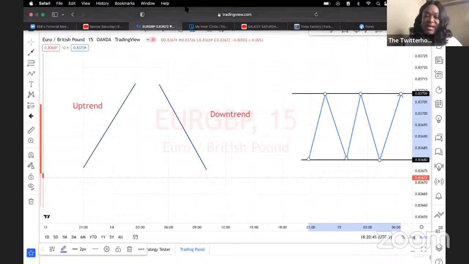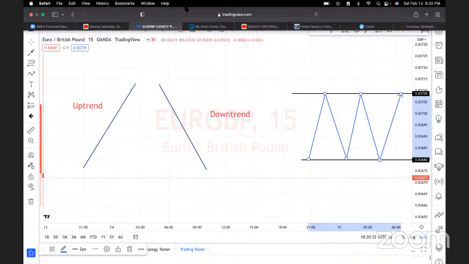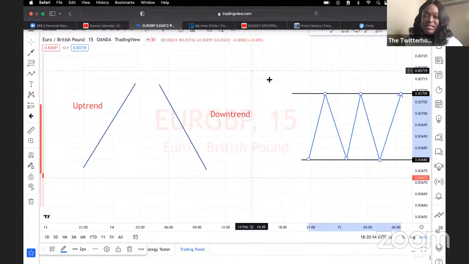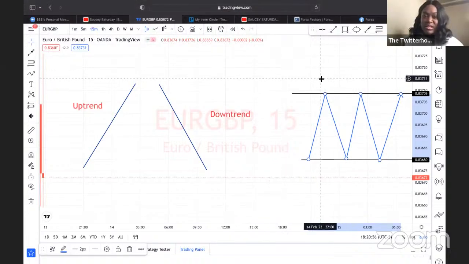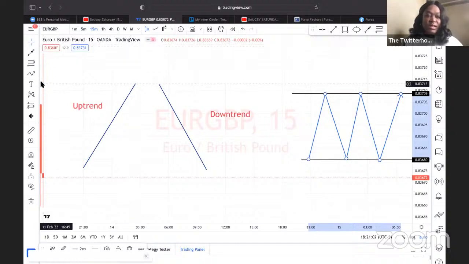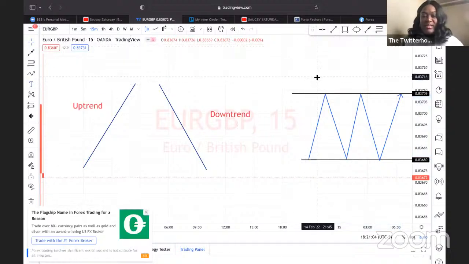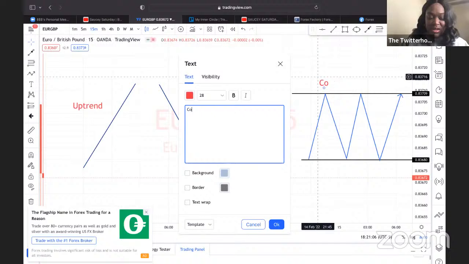Who can answer that? Consolidation. Yes, consolidation. Perfect. So yes, when it's moving up and down, it's in consolidation.